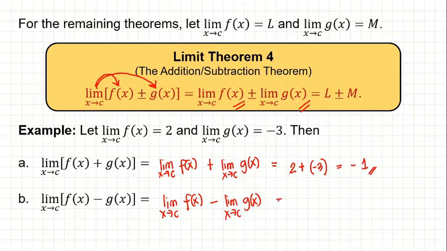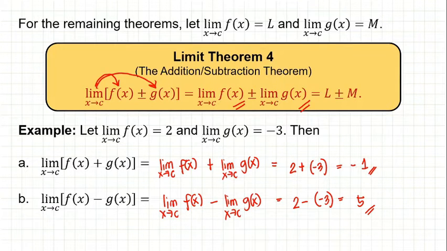And since we have the limit of f of x as x approaches c equal to 2, then we have minus, for g of x, we have negative 3. And this is equal to 5, since this will become plus. Negative of negative 3 will become plus 3. So 2 plus 3 is equal to 5. So that's it for the fourth theorem.